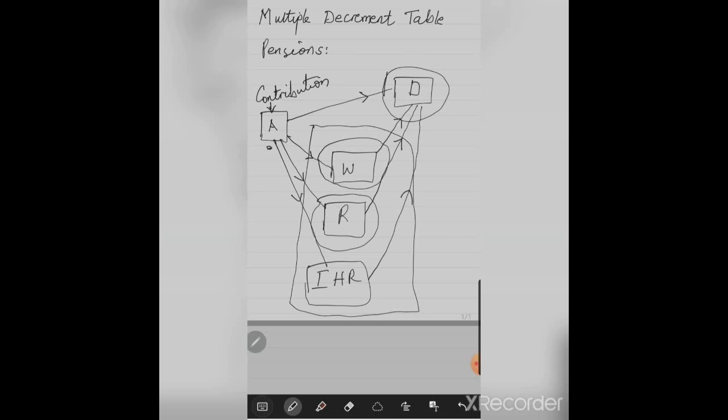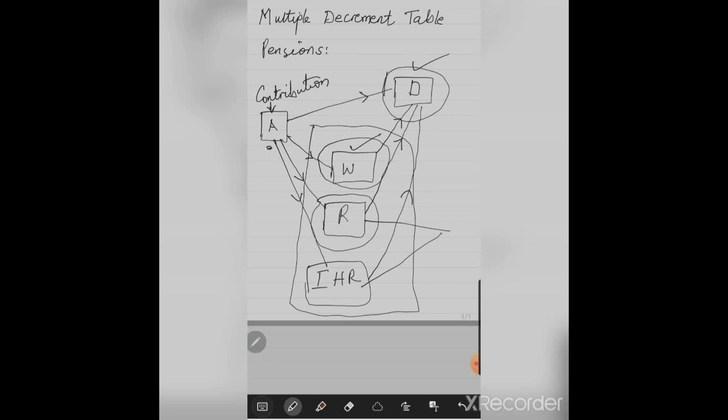For instance, for these two, there could be a regular pension that could come. Under death, it could be a one-time death in service benefit. Here there could be a one-time return of contribution kind of benefit.